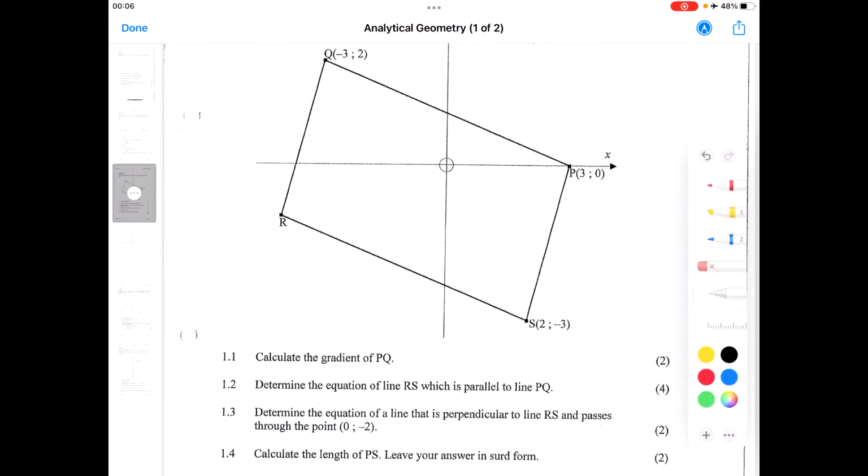The next question, 1.3, says determine the equation of a line that is perpendicular to line RS and passes through the point (0, -2). This question is allocated 2 marks. Might be a bit tricky, but most importantly, they are saying you need to determine the equation of a line.